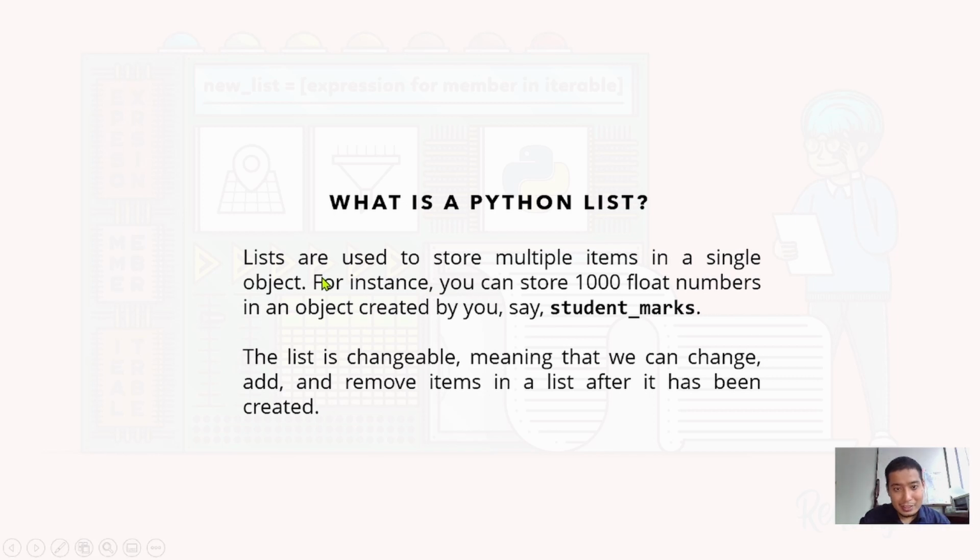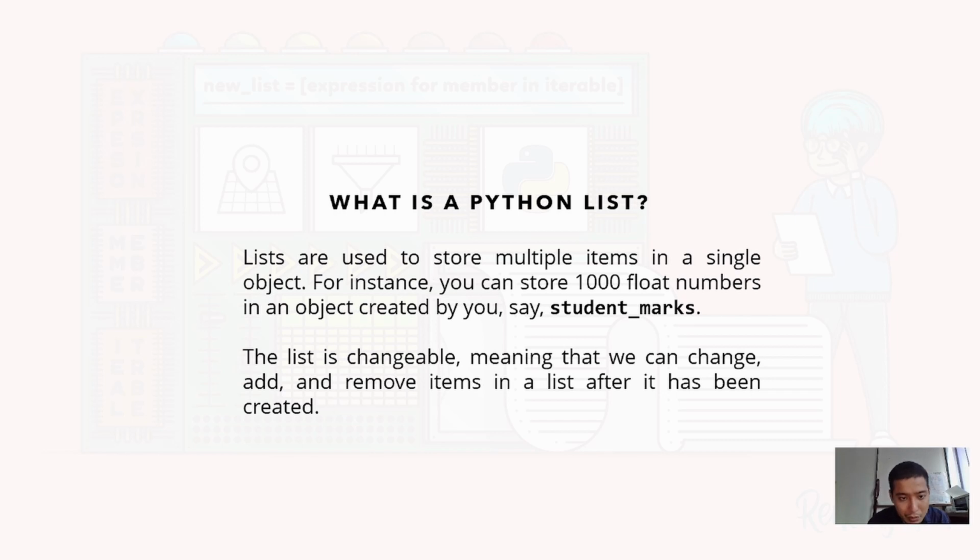For instance, you can store 1000 float numbers in an object created by you, say student marks. For example, in my point of view, I have to do the marking and then store the marks, so I have to create a list which lists down the marks.